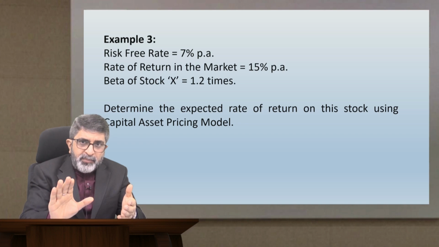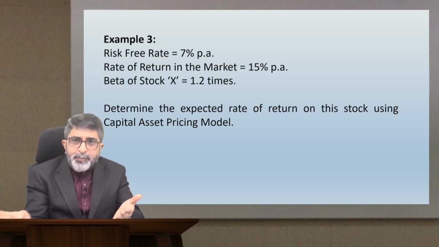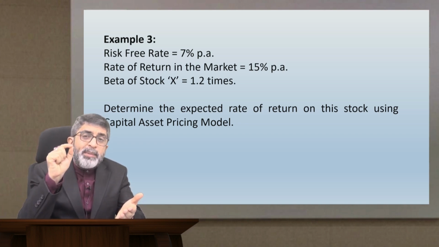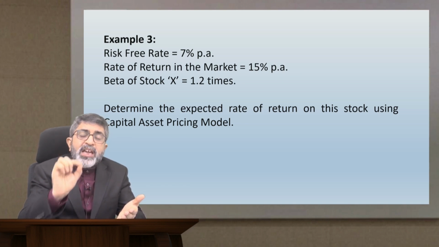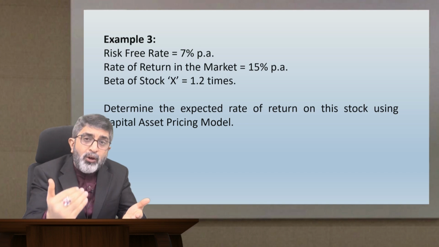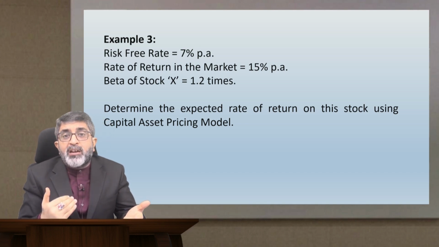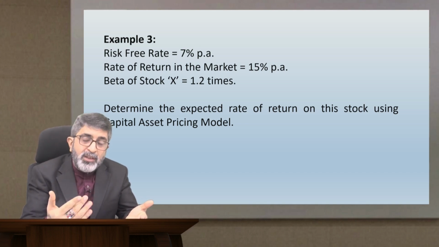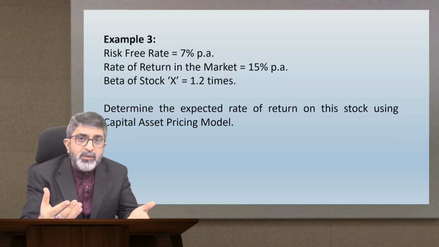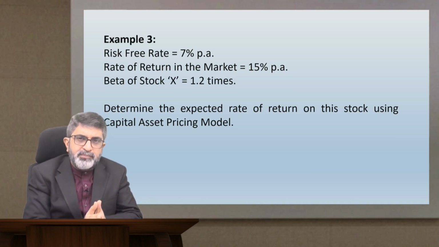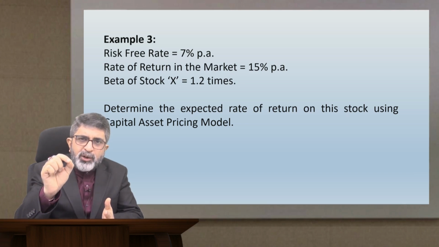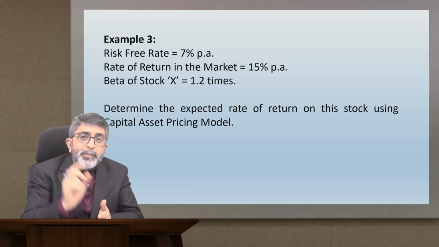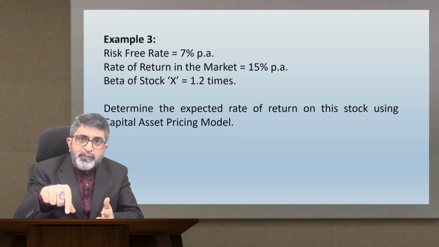8% of that premium, that is 15 minus 7, 8% of that premium you will be eligible to earn only when you take the risk equivalent to that of the market. What if you take still more risk? Then you should deserve a little higher premium. That is done by making the adjustment of beta. So beta is 1.2 times, correct?